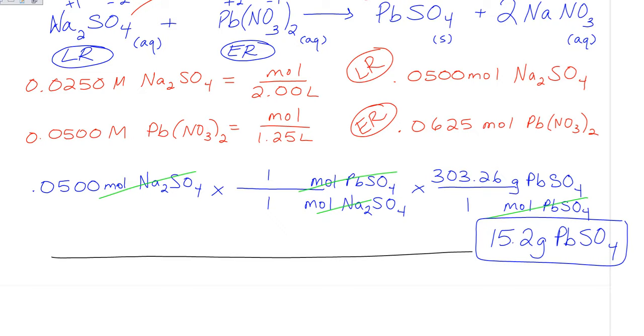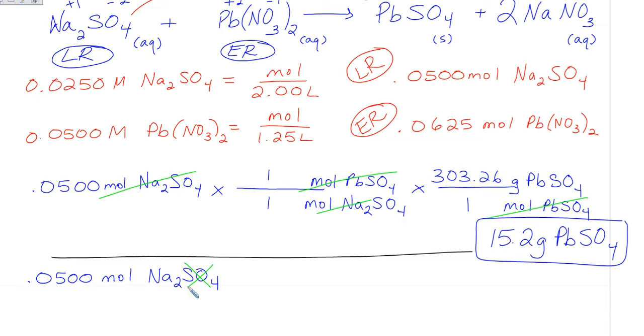Originally, when we calculated moles, we had 0.0500 moles of sodium sulfate. Now, I don't have to worry about the sulfate. So I'll kind of like cross that guy off. He's all part of the precipitate. There will be no sulfate remaining as an ion in the solution. But the sodium is a spectator.